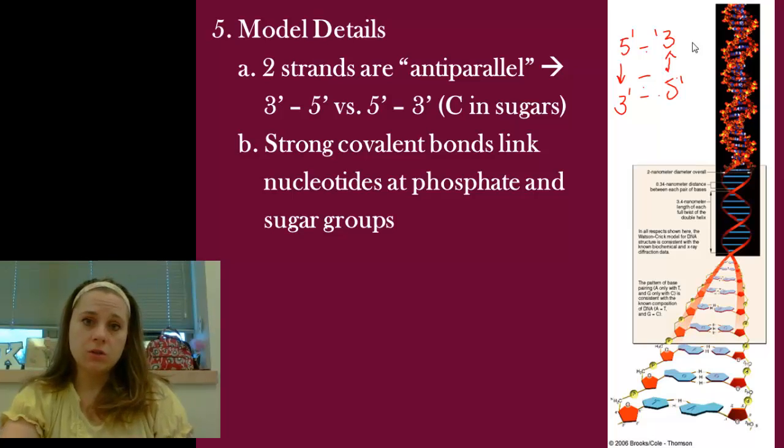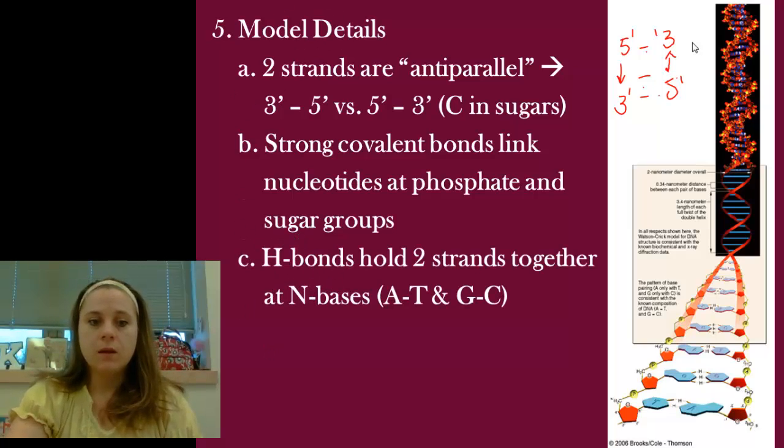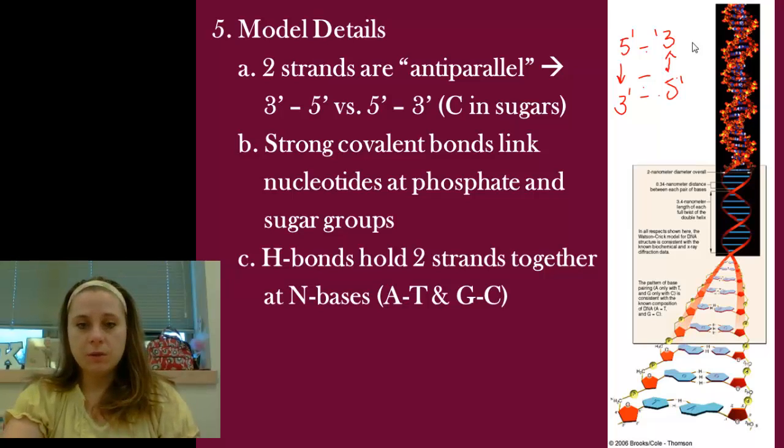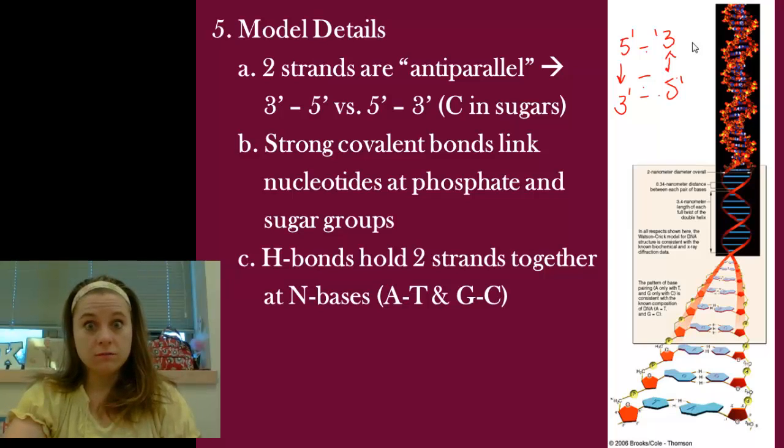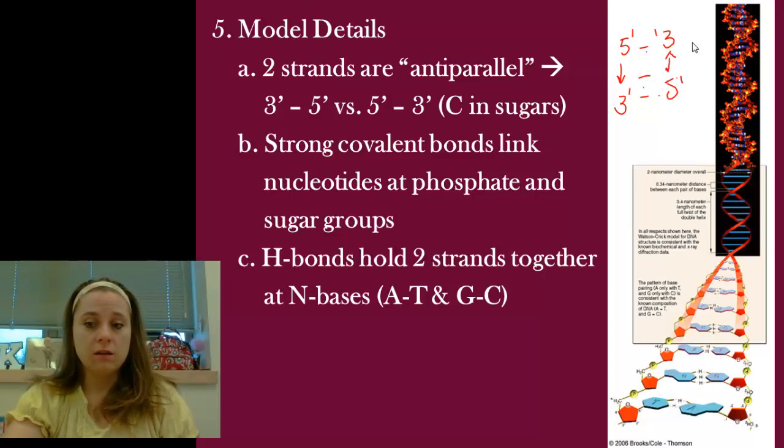So you have alternating sugar phosphates that make up the side of your ladder, while hydrogen bonds hold the bases together in the center. Those hydrogen bonds, as we remember, are very strong collectively, very weak individually, so important when it comes to replication and protein synthesis, and that's where they're held. So basically, the weak point of the chain is between the bases, not on the sides.